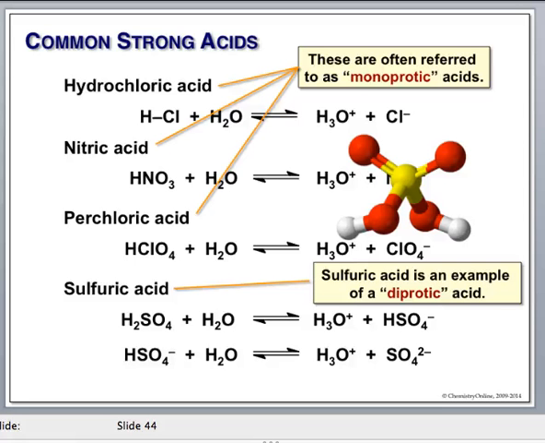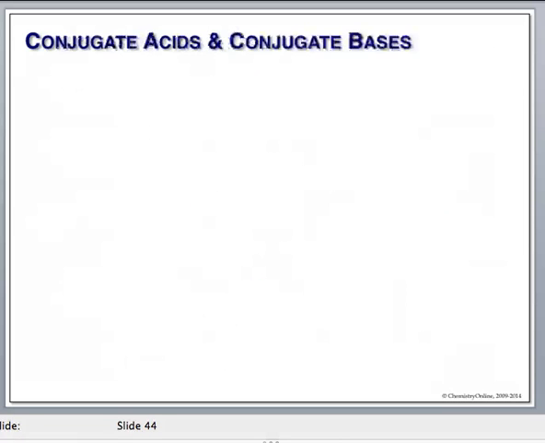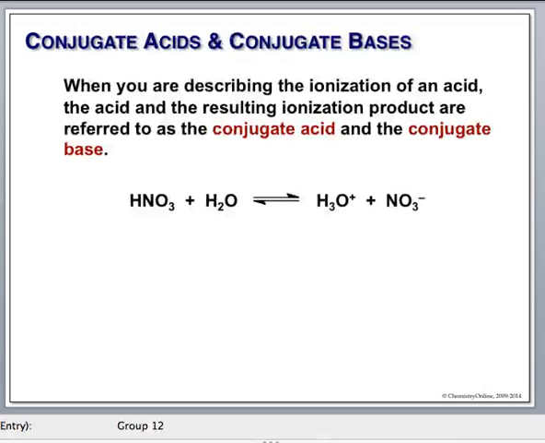All right, well, there's one other concept that we want to grasp here. We've talked about this being a Bronsted acid, and in this reaction, this is the Bronsted base, right? Proton donor, proton acceptor. Well, there's something also known as a conjugate acid-base pair.